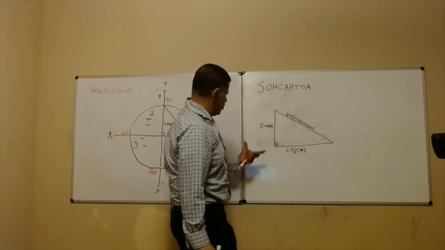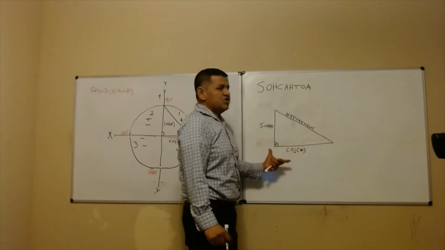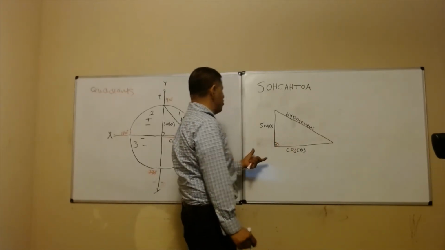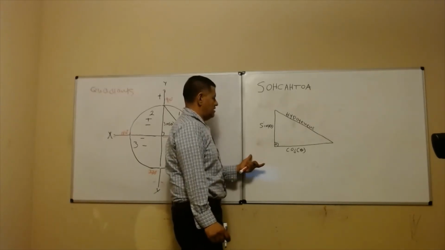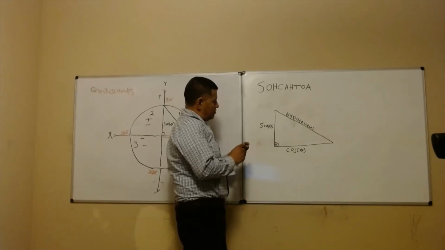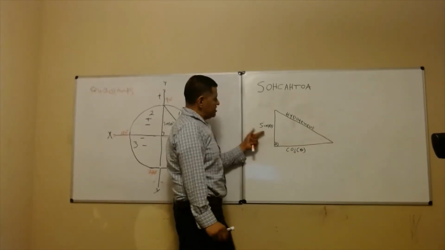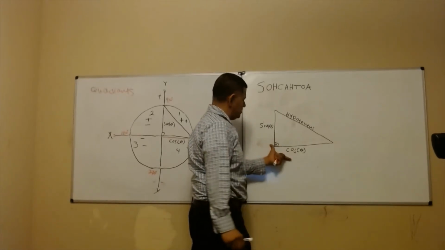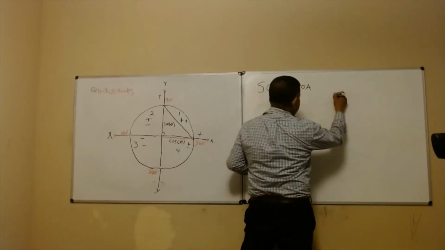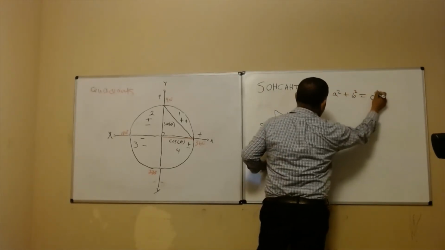Look at this. Eventually we will derive some trigonometric functions out of this, but for the meantime I just want to introduce it. What is the relationship here? Remember from the Pythagorean theorem that a squared plus b squared is equal to c squared.